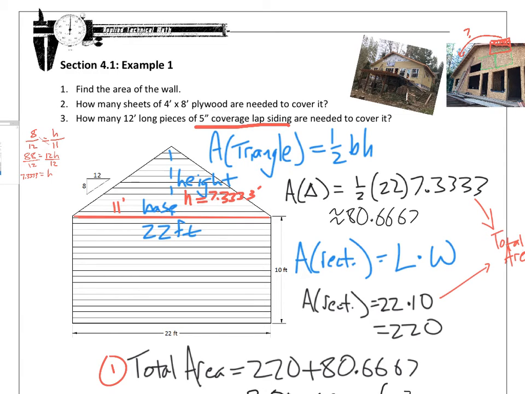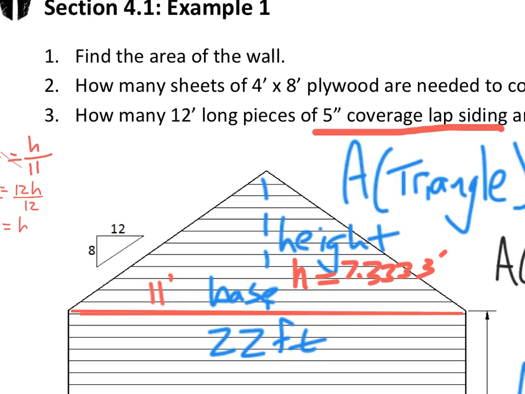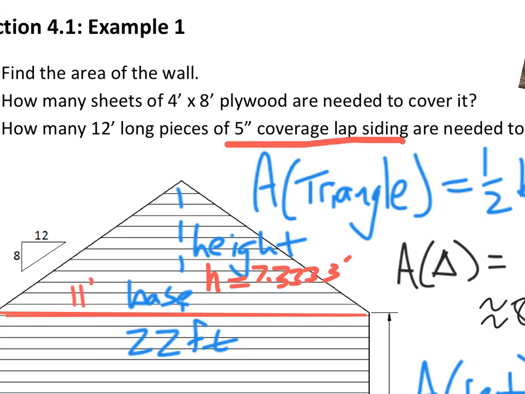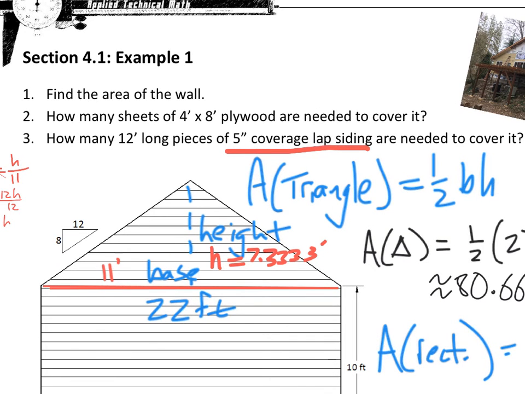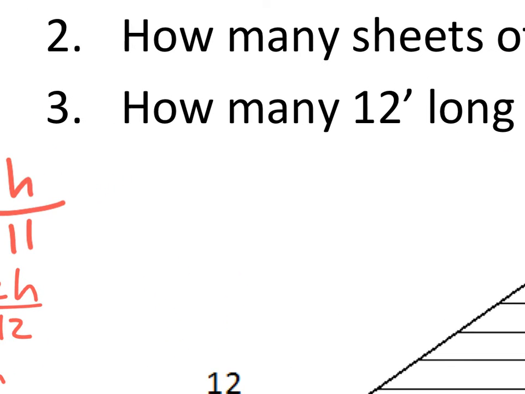Now let me add one more version of this question. Sometimes you can do this math here. You know you've got 12-foot boards, and you want to figure out how many boards you need. But sometimes you'll go to the hardware store, the lumber yard, and they'll say, all right, how many feet of lumber do you need, or how many feet of siding?